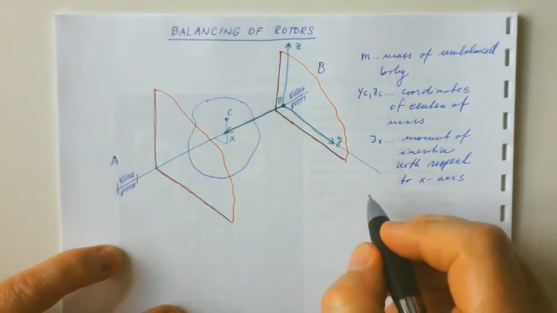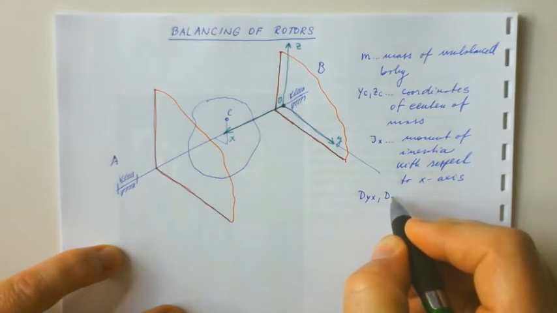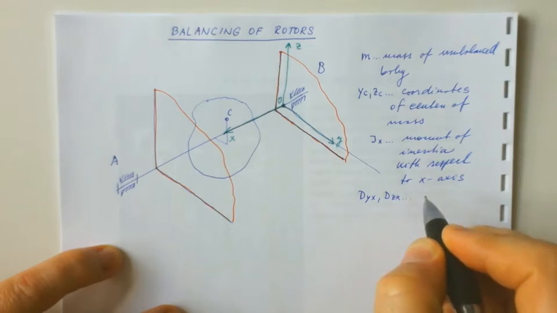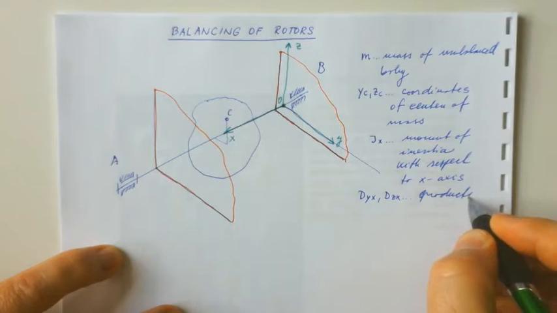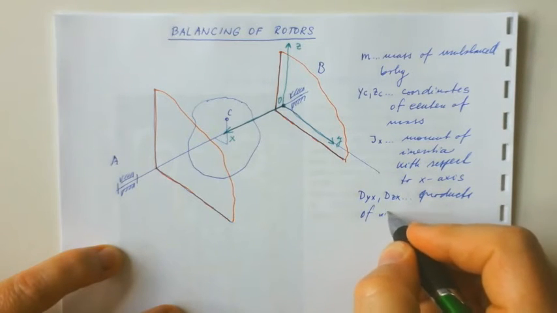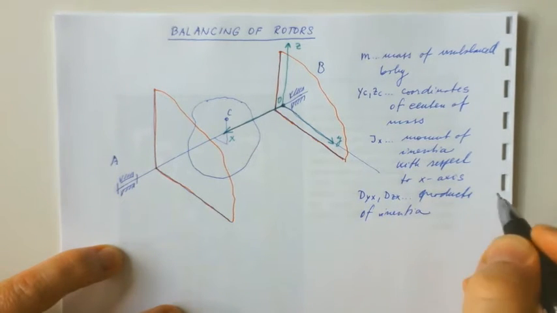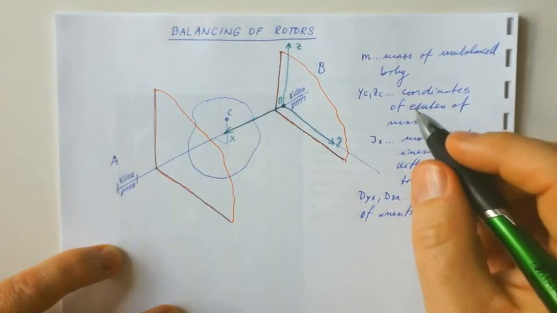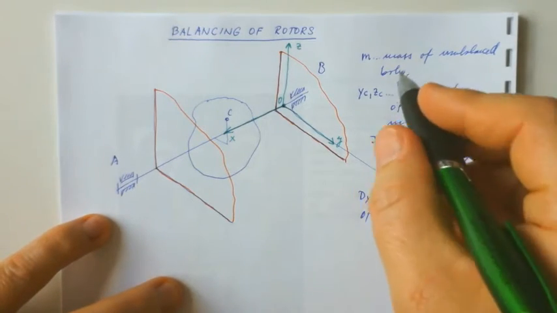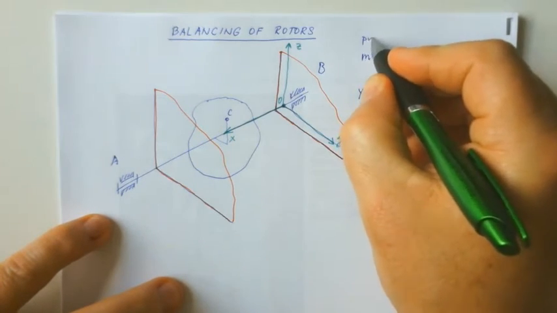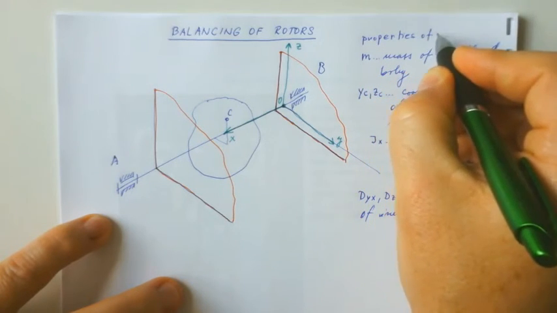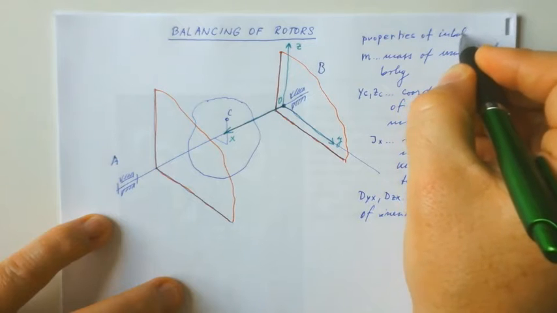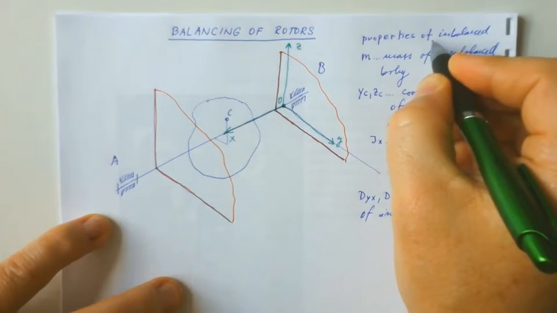Then Dyx and Dzx, the products of inertia. So these are the properties of the imbalanced body.